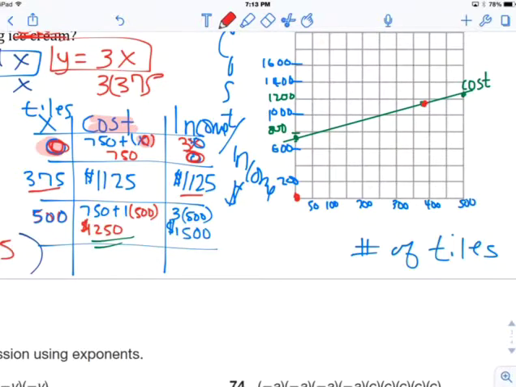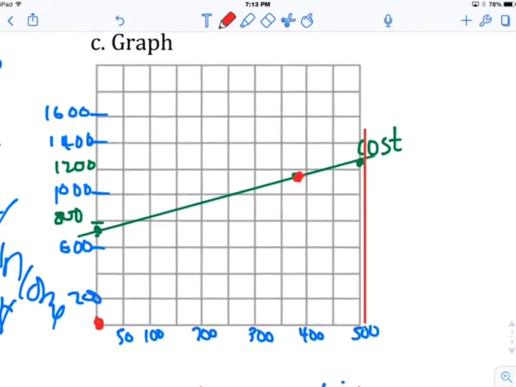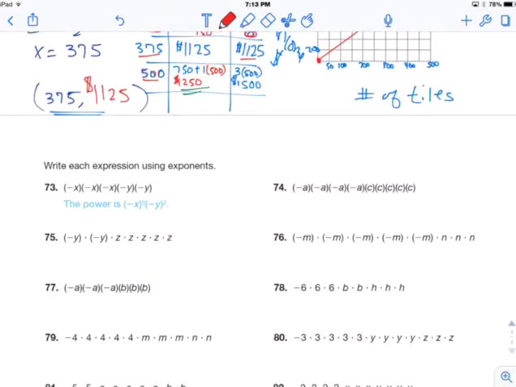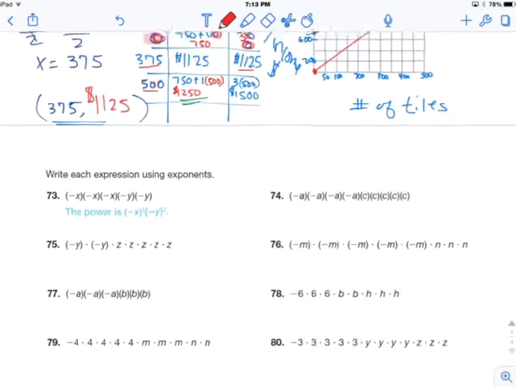That's our break-even point. 500 and 1,500. 500 goes up to 1,500, which is halfway right there, right? And then connect those dots. It's wonderful to have a computer to make it perfect for you. And this is your income line. There you go.